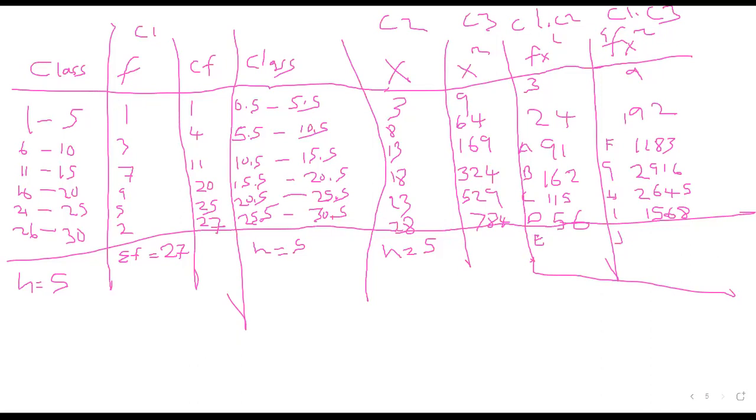So 9 plus 192 plus 1183 plus 2916 plus 2645 plus 1568 gets 14074. This is our summation of fx squared.